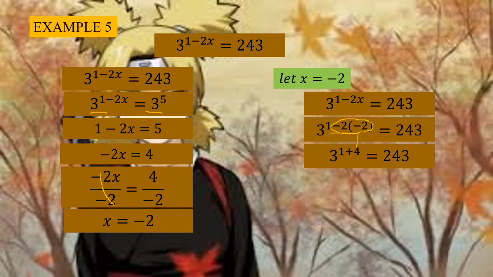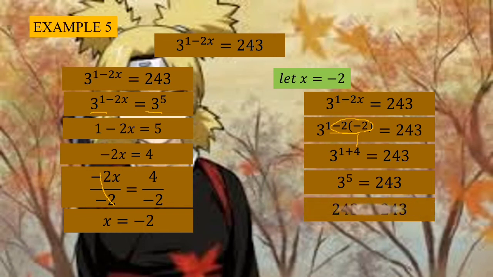So, 3 raised to the power of 1 plus 4 is equal to 243. So, 3 raised to the power of 5 is equal to 243. And what is 3 raised to the power of 5? That is 243. So, tama po yung sagot natin that x is equal to negative 2.